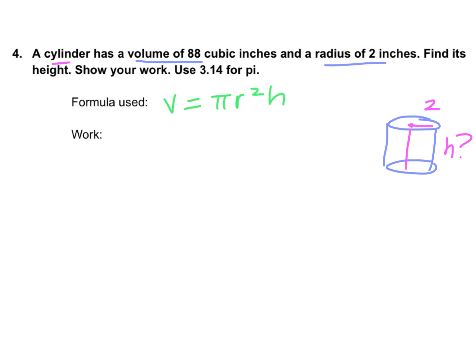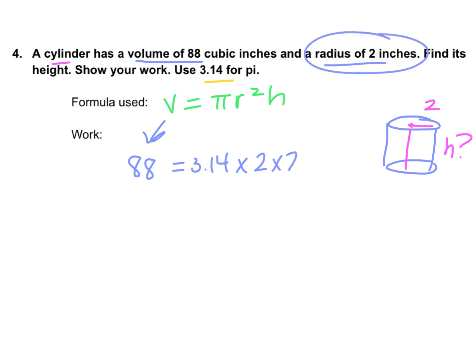And now I'm going to show my work. I know the volume is 88 cubic inches. I know that I'm supposed to use 3.14 for pi because the directions said that. And then I do also know that the radius is 2 times 2 times 2.